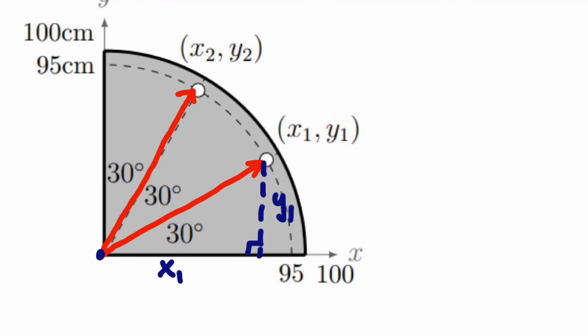Now what I can also see by symmetry is that this is the same triangle. So if you flip this triangle around so that this side is now this side, you can see that this side is going to lie on top of this side, and this side is going to lie on top of this side.